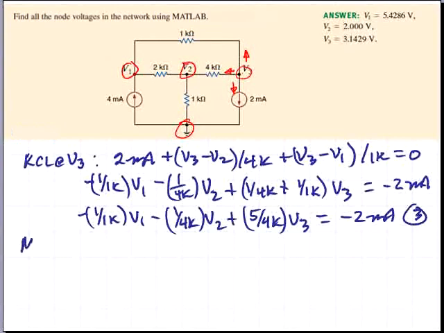So we can place this information in the matrix format for these three node voltage equations.